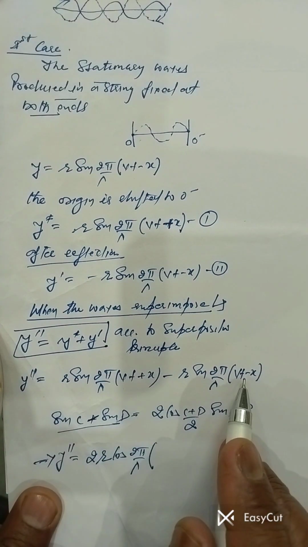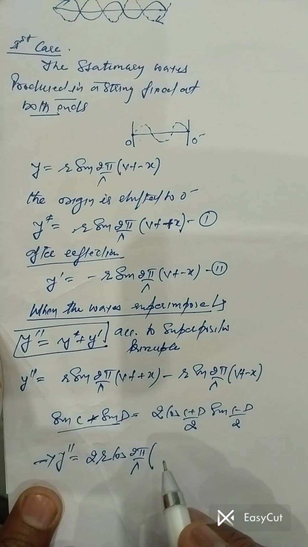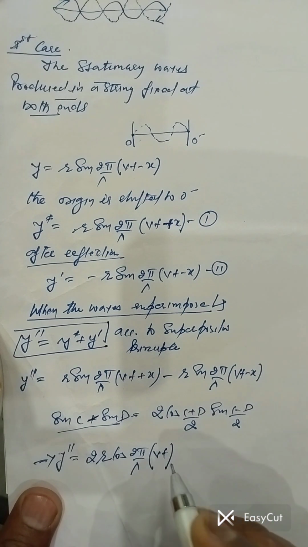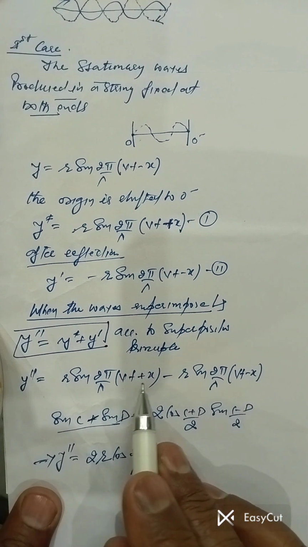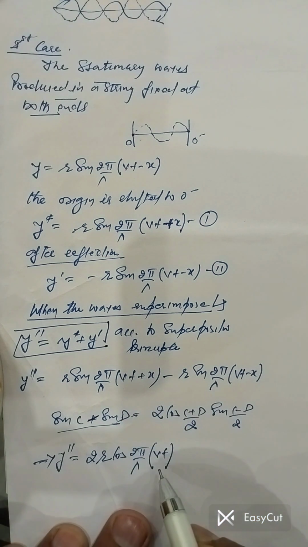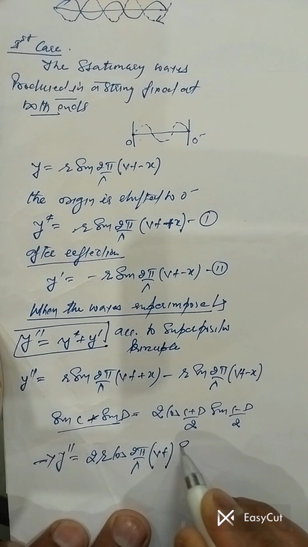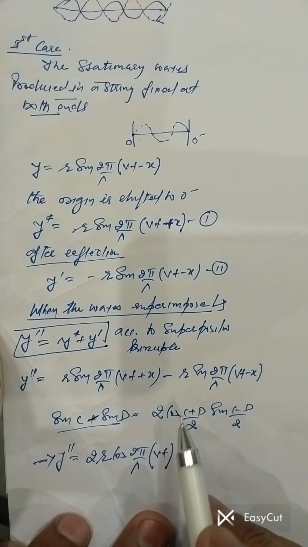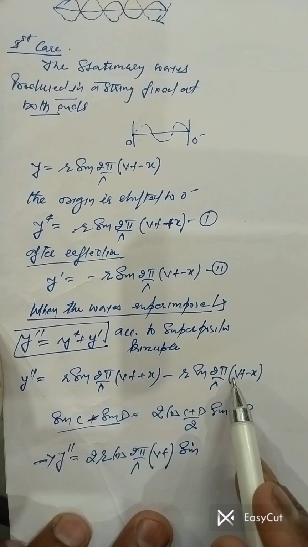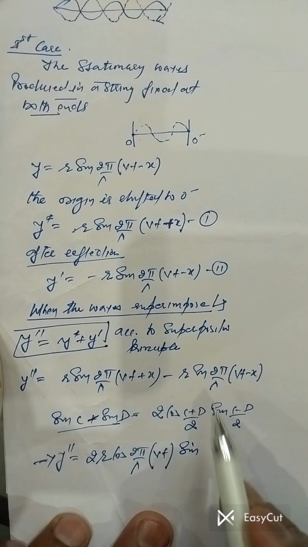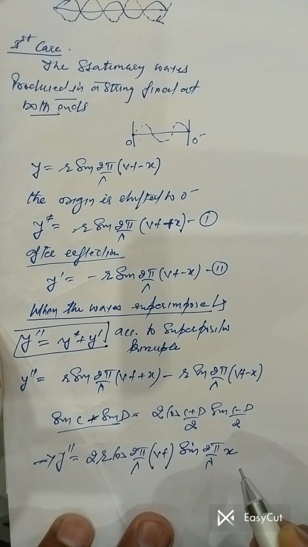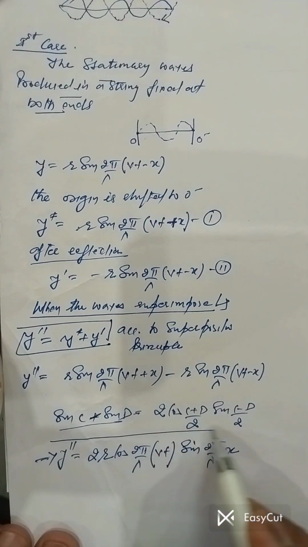Now when they are added, x will be cancelled and we will get vt. Because it is vt plus x and vt minus x, x will be cancelled, and 2vt upon 2 will be there, and sine, now c minus d, it will become plus, means we will have 2 pi upon lambda into x. So this is your final equation.